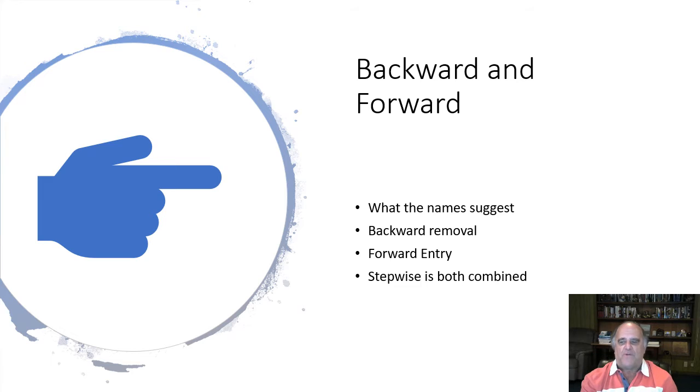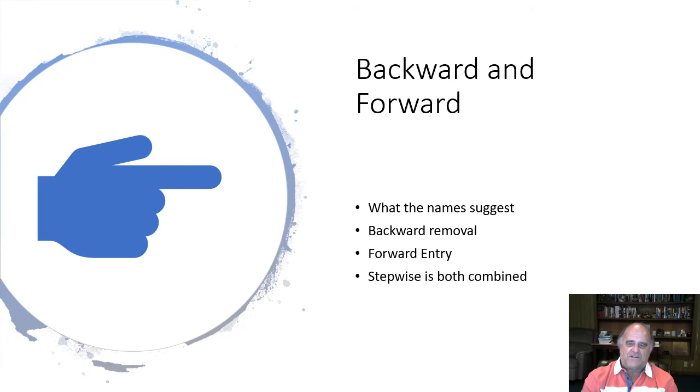Backward and forward entry. These types of entry are exactly what the name suggests. With backward, you basically force everything in and then you remove things, looking for a better solution.